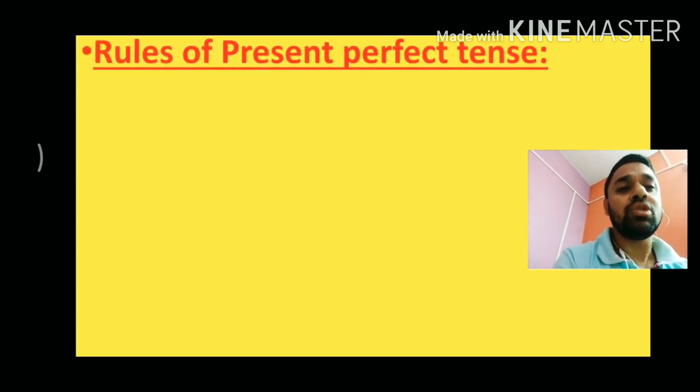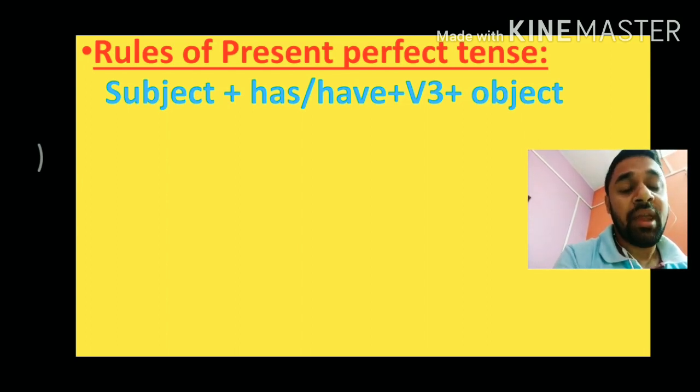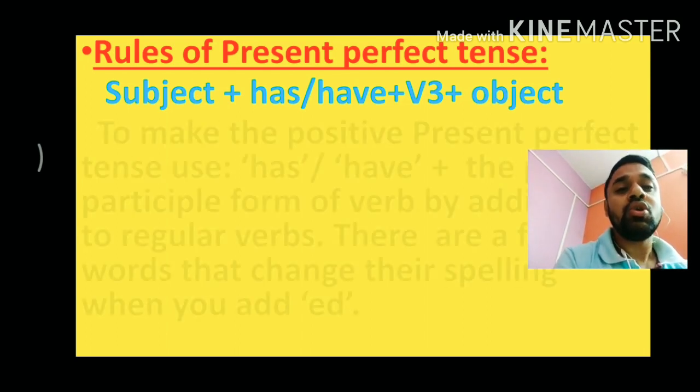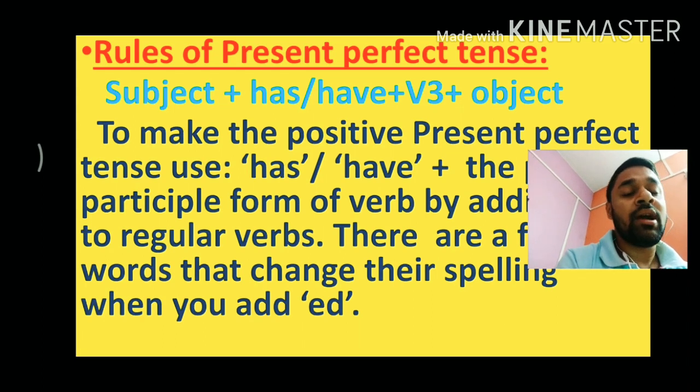So what are the rules of present perfect tense? First you have to write the subject, then the auxiliary verb, then the main verb, and then the object. So what is the auxiliary verb and the main verb? Auxiliary verb is called a helping verb, and main verb means V3, the past participle form of the verb, and then the object.